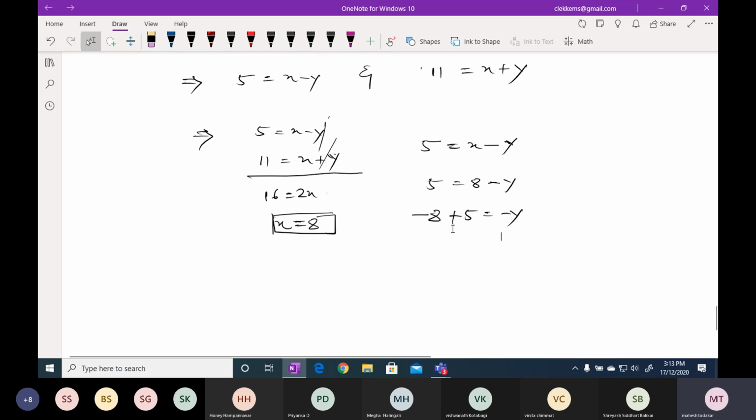Now answer will come here, minus 3 is equal to minus y, but y is equal to 3. Check the answers. X is equal to 8. X means what? Let the speed of still water be 8 km per hour and let the speed of stream be 3 km per hour. Is it there? Yes.